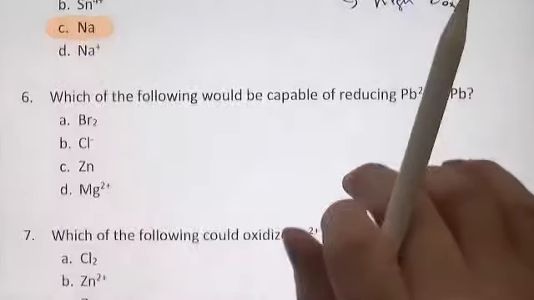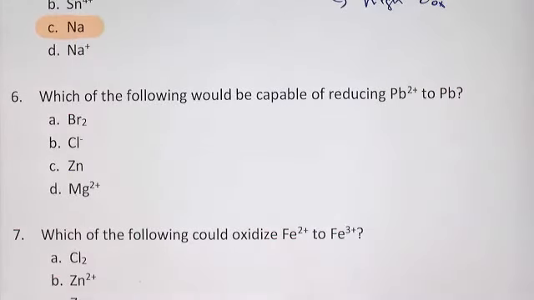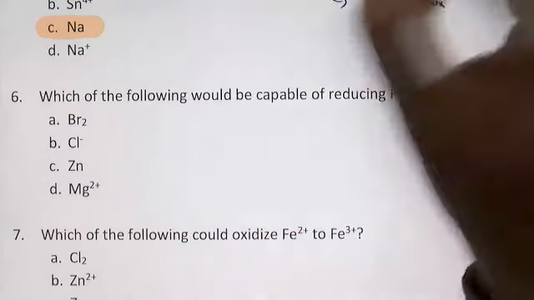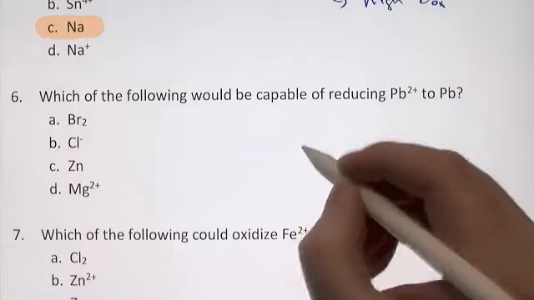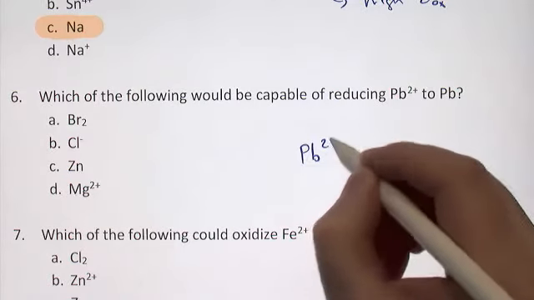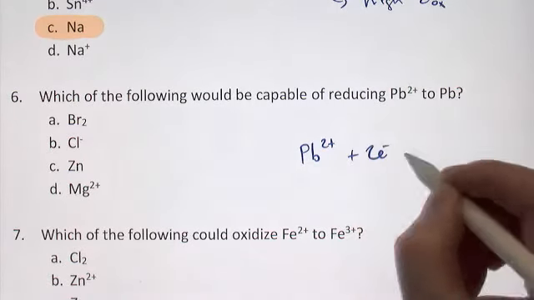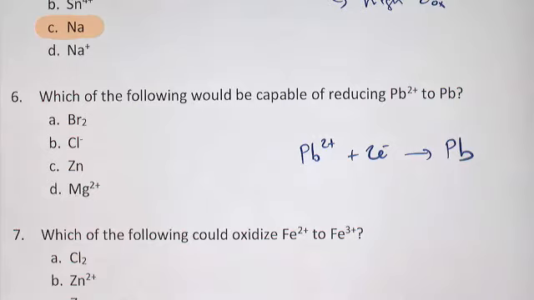Okay. Which of the following would be capable of reducing lead 2 plus to lead metal? So I'm going to go find on my chart this reaction. Lead 2 plus gets reduced and makes lead metal.